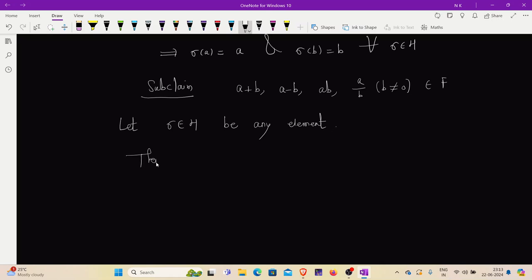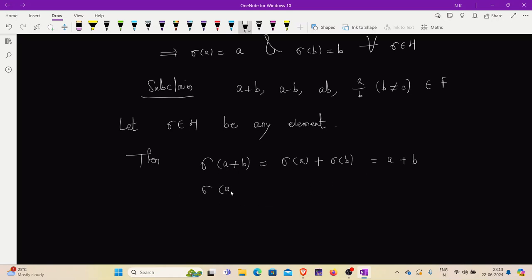Then consider sigma of a plus b. Since sigma is an element of H, and H is a subgroup of Aut K, sigma is an automorphism of K. So sigma is itself a homomorphism. That's why sigma of a plus b equals sigma of a plus sigma of b. But we already know that sigma of a equals a and sigma of b equals b, so sigma of a plus b equals a plus b.